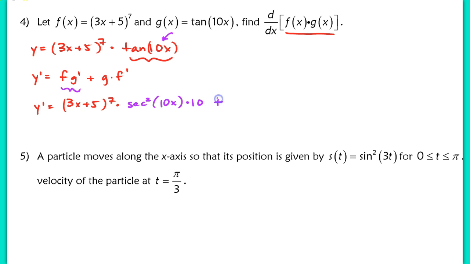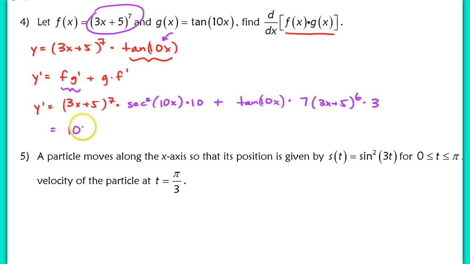Now we're going to add to that g, which is the tangent of 10x, and multiply that by the derivative of f of x. So again, it's another composite function. So to take this derivative, we need to multiply 7 by (3x + 5) raised to the 6th power, and then we'll multiply that by the derivative of the inside, which is simply 3. Now there's not a whole lot of simplifying that can be done here.